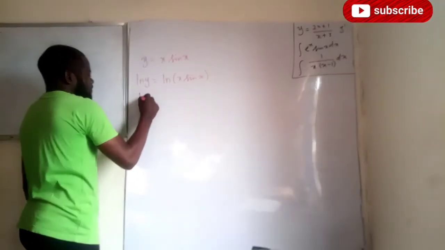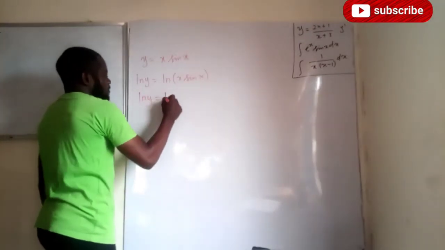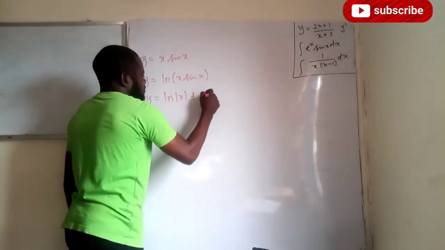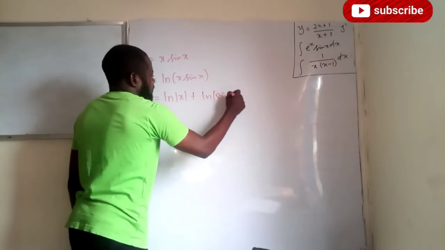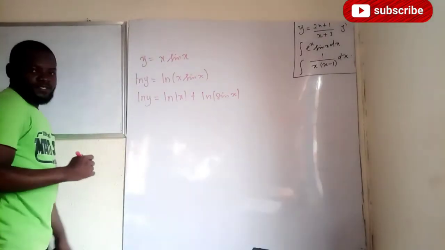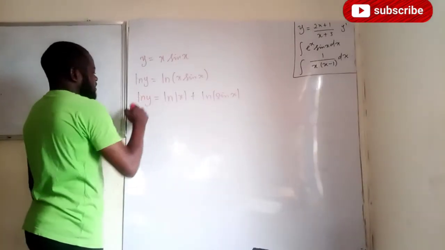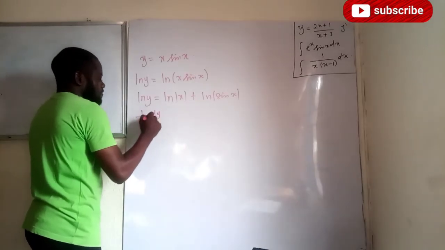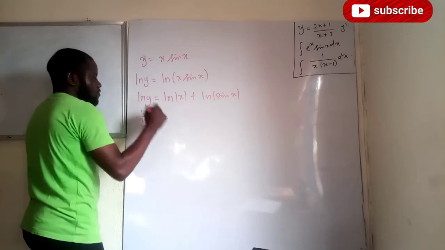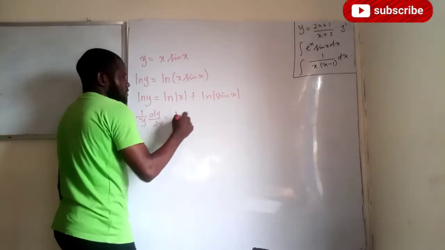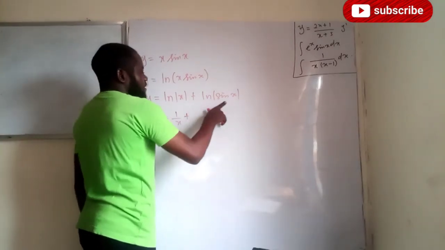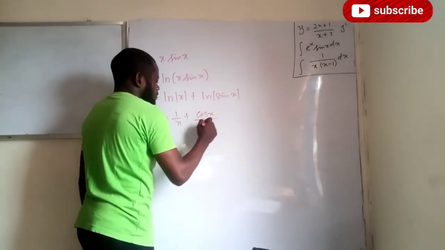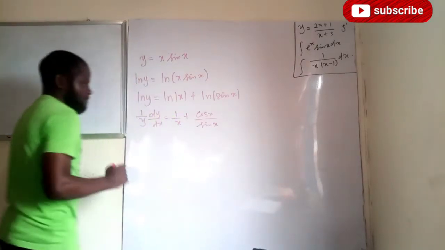So this will be ln of y, ln of x plus ln of sine x. Isn't it? Good. If I differentiate this, I will have 1 over y dy dx to equal 1 over x plus, the derivative of ln of sine x is the same thing as saying cos of x over sine x.